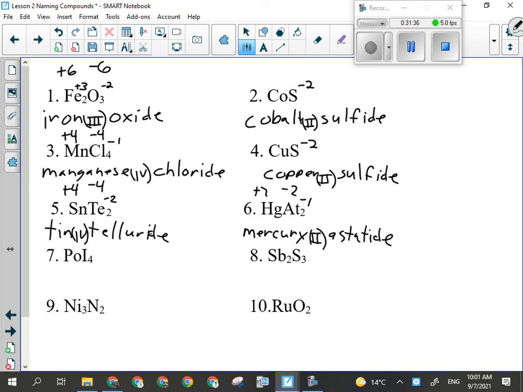Okay, mercury 1, mercury 2. All right, and then number 7, we got Po, which is polonium, and it's with iodine. So iodide. Iodine's a -1 charge. There are 4 iodines for a total of -4. That means this single polonium atom must have a charge of 4. Polonium 4 iodide.